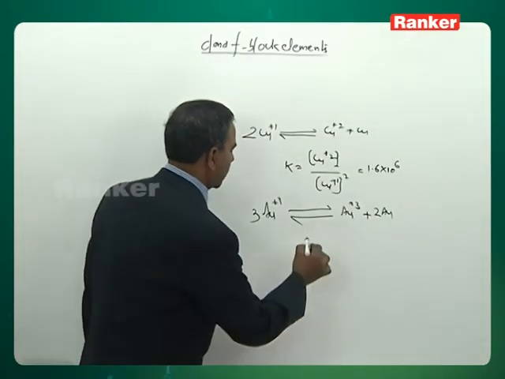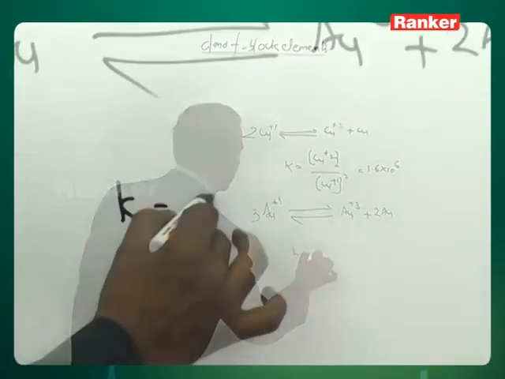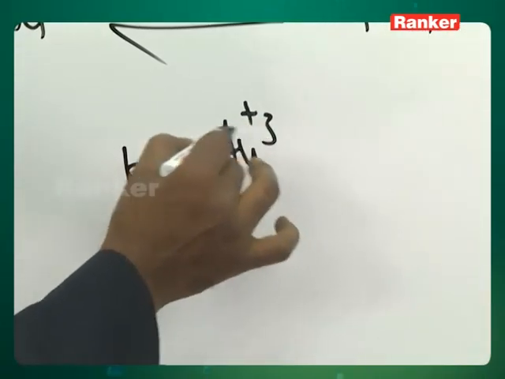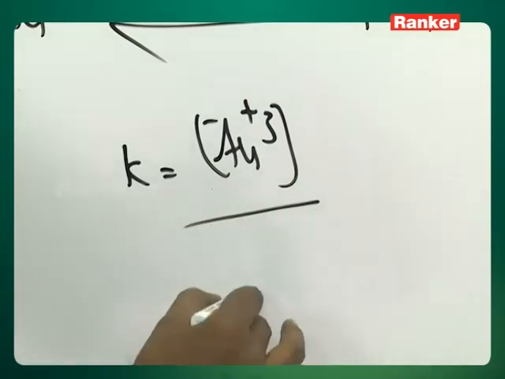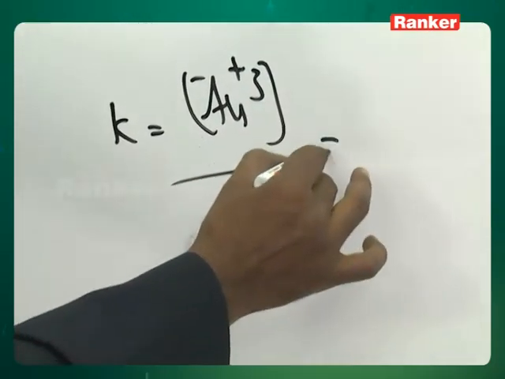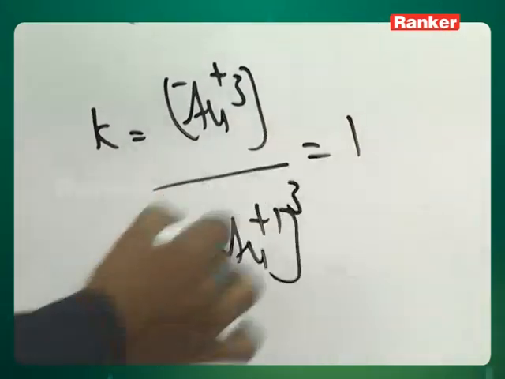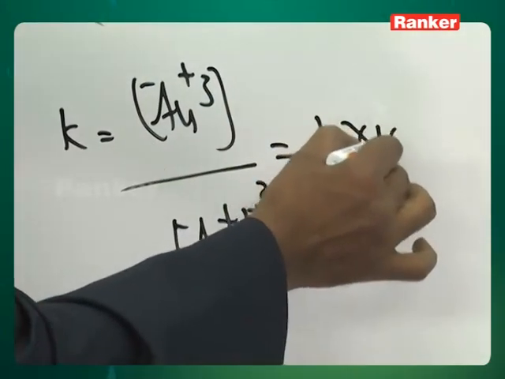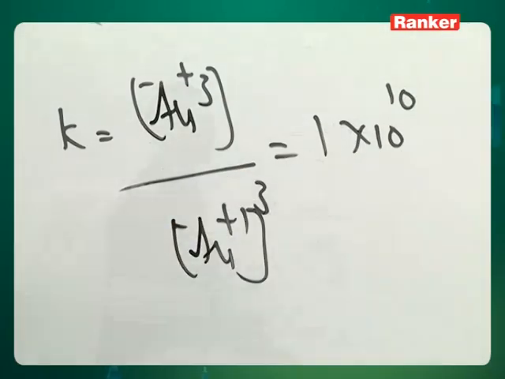Let us write the equilibrium constant K for this: Au plus 3 squared over Au plus 1 cubed. This equilibrium constant value is found to be 1 into 10 to the power of 10.